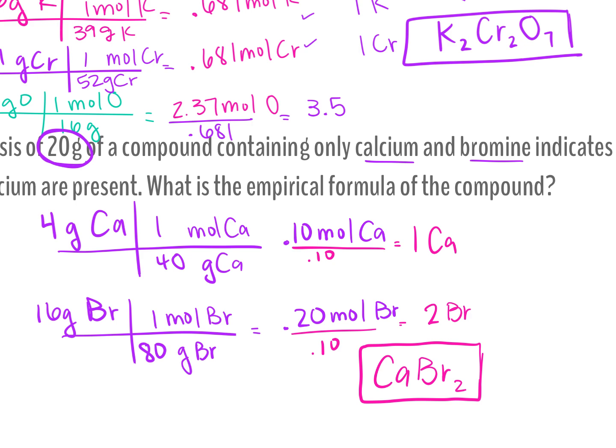And isn't that the exact ionic formula for calcium bromide? Right? We know automatically that an ionic compound is going to be its empirical formula. So if I knew this was calcium and bromine, I probably could have taken a pretty good guess that my formula was going to be CaBr2. Right? I probably could have taken a pretty good guess on that.